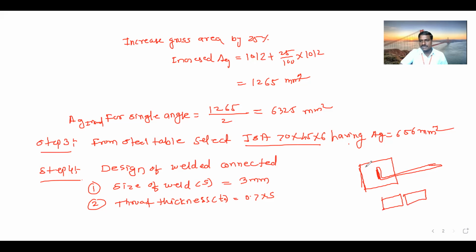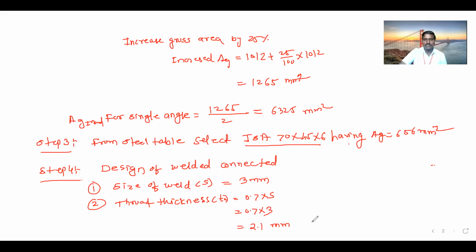Butt weld कधी असतो? Like this is the butt weld. So everywhere we are using fillet weld, so we have to use the strength of fillet weld formula. Okay, so 0.7 into S, S is 3. So how much throat thickness? 2.1 mm. So this is the throat thickness.